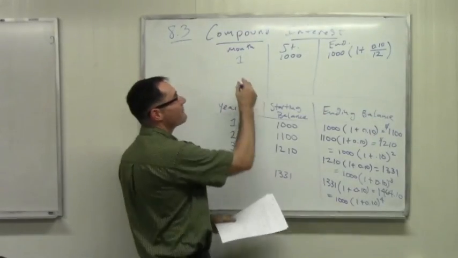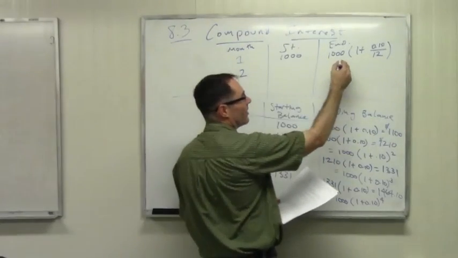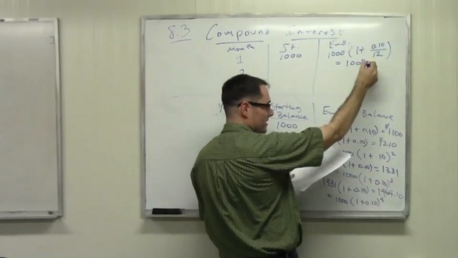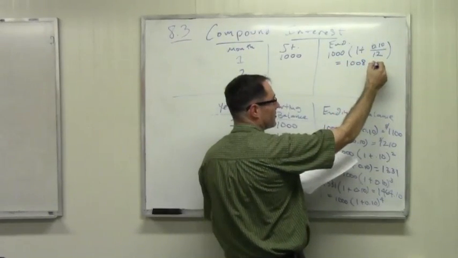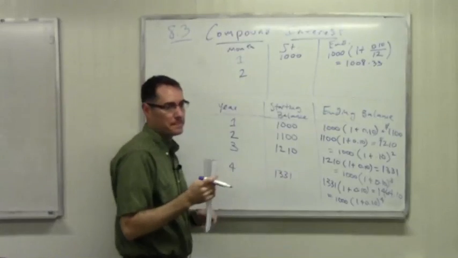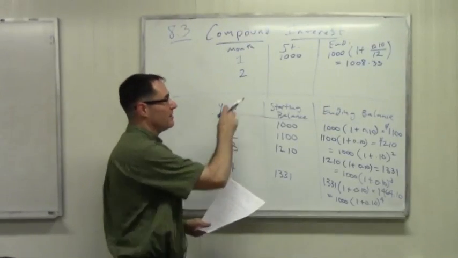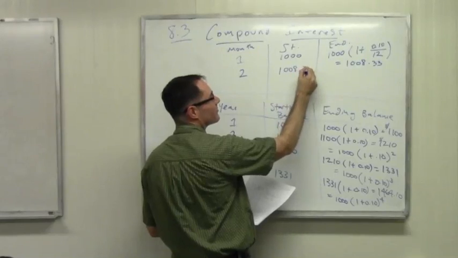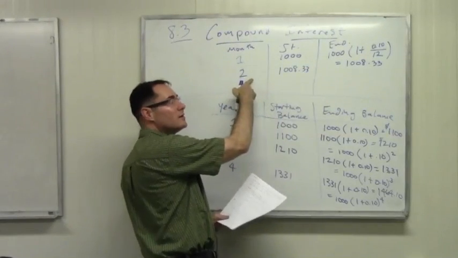After 2 months, and by the way, this equals 1,008 and 33 cents after 1 month. So now you're starting with 1,008.33 on month number 2.